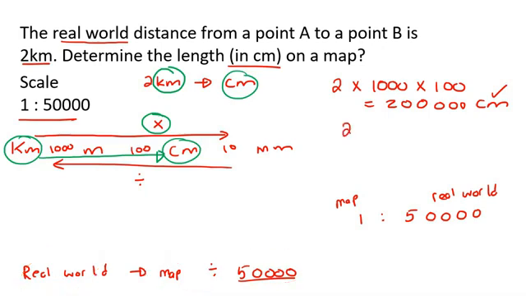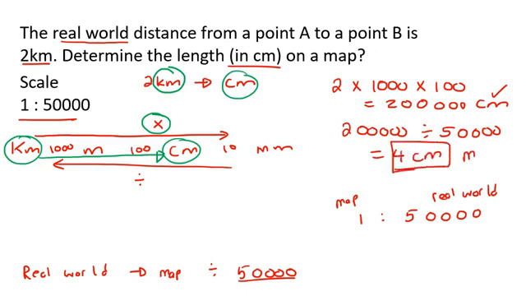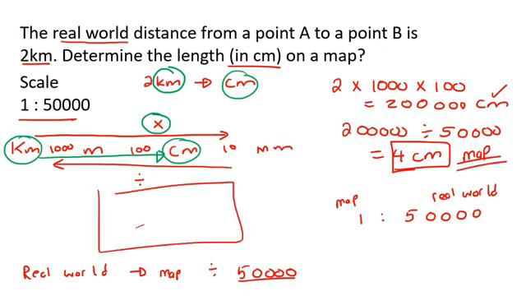So 200,000 divided by 50,000 gives us 4 centimeters, and that will be the map distance. If we had a map, you would measure 4 centimeters with your ruler, and that would be 2 kilometers in real life.